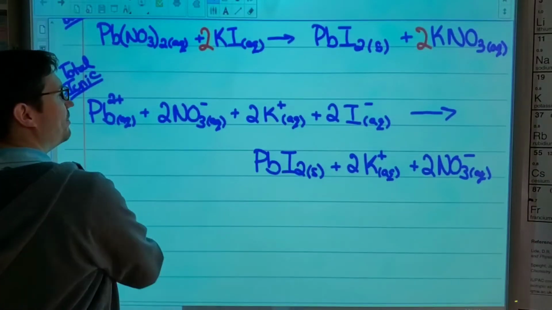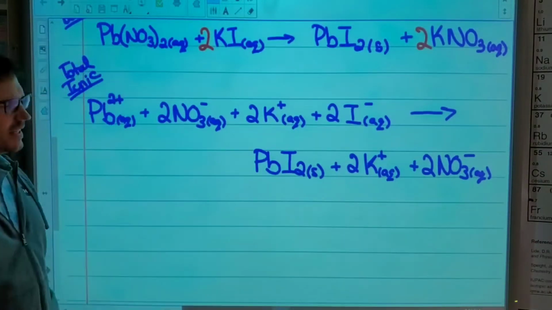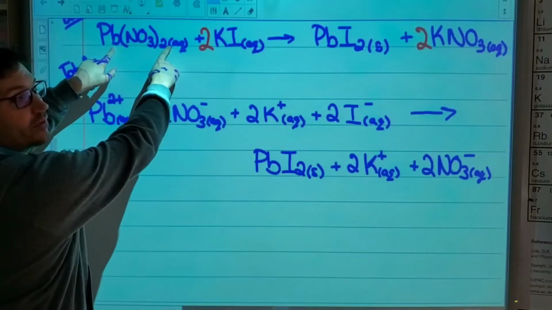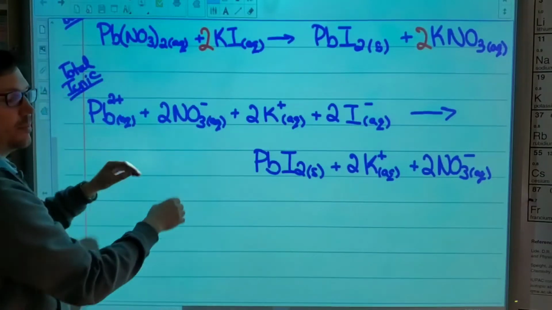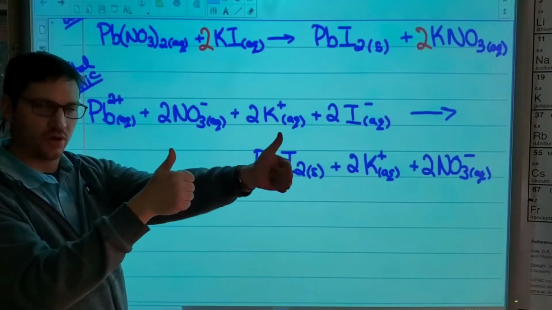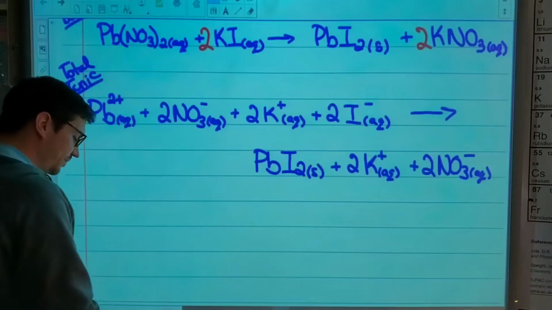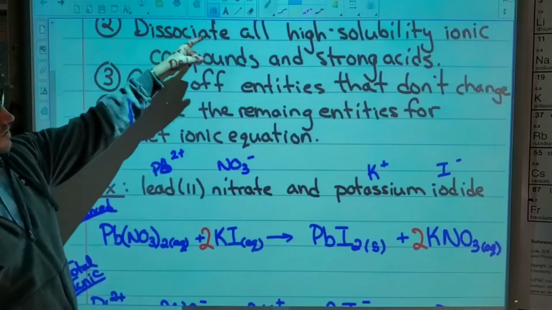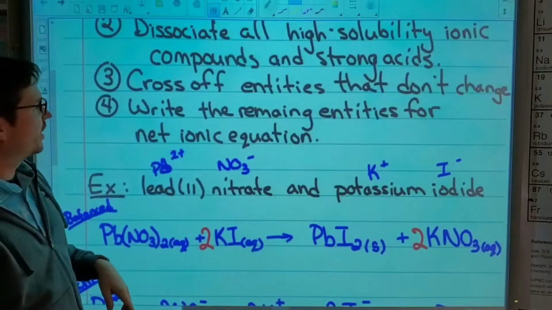Hopefully that wasn't that bad. All we did was we took our substances from our balanced reaction and split them up if we could. So high solubility and strong acids are the only things that can split up. Now, that's our total ionic equation. Dissociate all high solubility and strong acids.